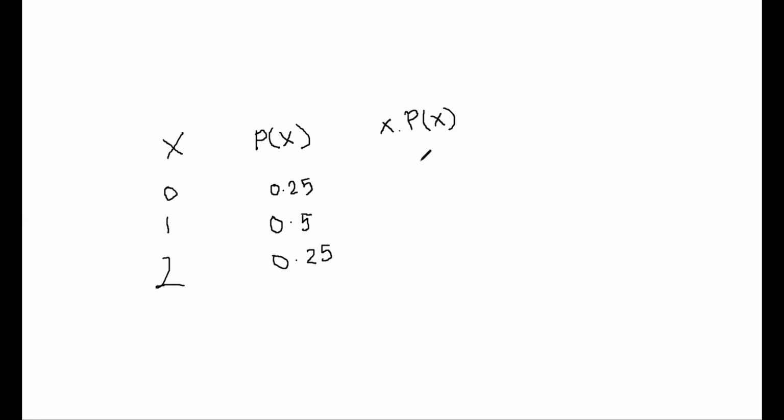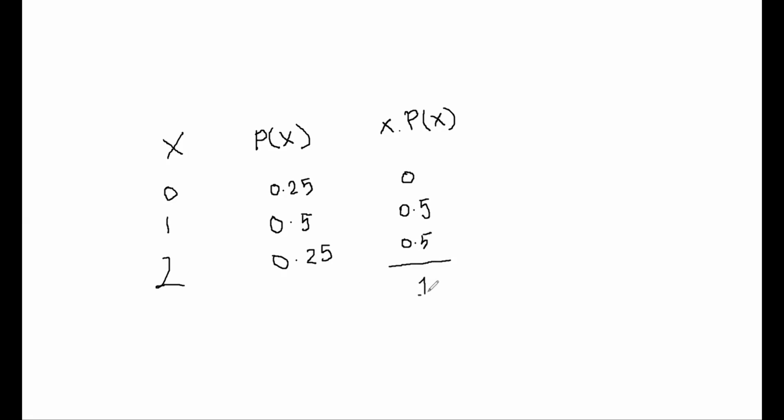Now I will fill this column. 0 times 0.25 is 0. 1 times 0.5 is 0.5. 2 times 0.25 is 0.5 again. So if you add this column, 0.5 plus 0.5 becomes 1.